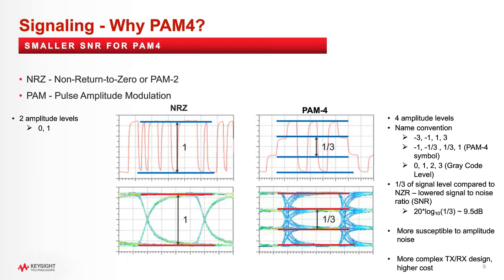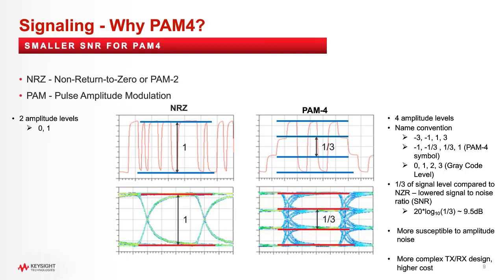There are several naming conventions for the levels, such as -3, -1, 1, and 3, or 0, 1, 2, 3. Since the signal level for PAM4 is 1/3 of NRZ, the signal-to-noise ratio gets lower, around 9.5 dB.